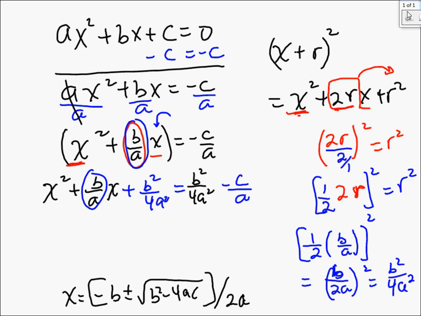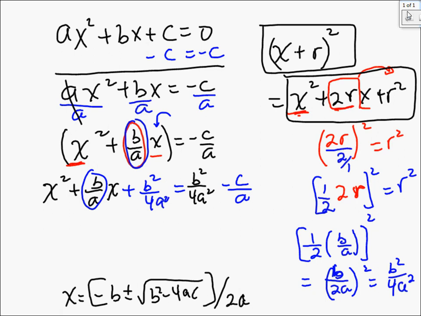Now, this is equal to this. Well, how do you get there? First I write a bracket, then I write down x, then I put a plus, and then I write down r.